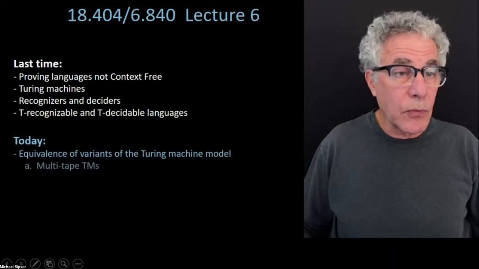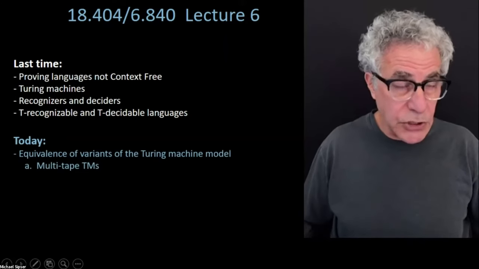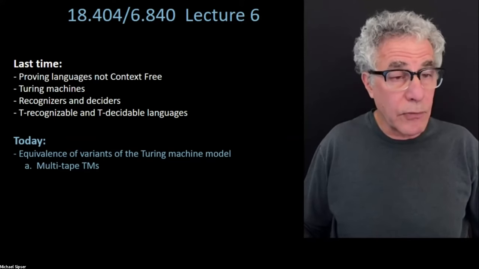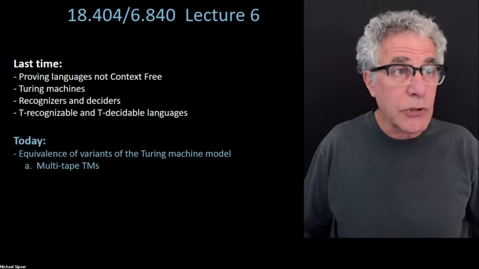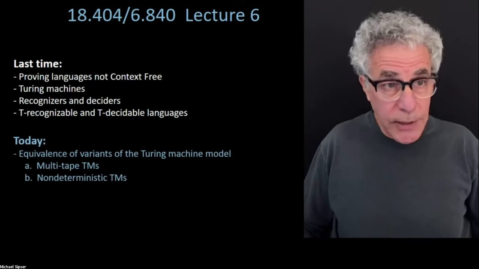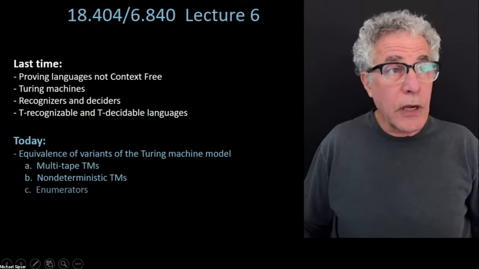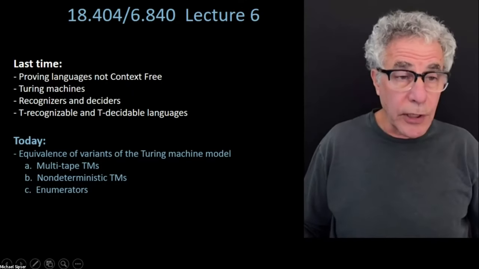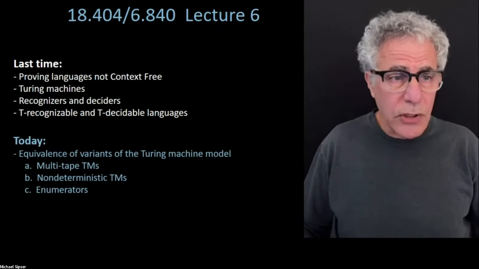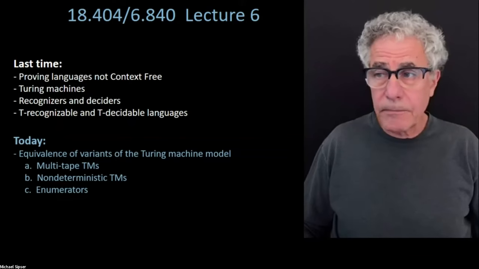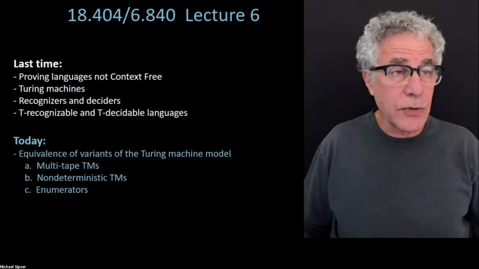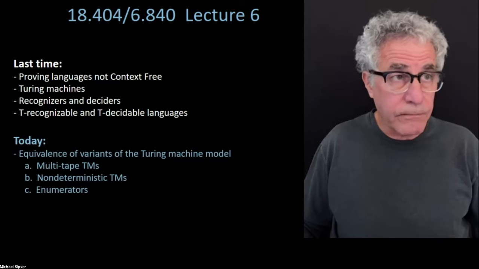But we're going to basically justify that by looking at some of these other models and proving equivalence. So we'll look at multi-tape Turing machines, we'll look at non-deterministic Turing machines, and we'll look at another model which is slightly different, but is still based on Turing machines, called an enumerator. And we'll show that those all, in the end, give you the same class of languages, and so in that sense, they're all equivalent to one another.